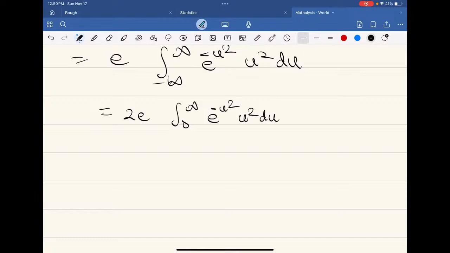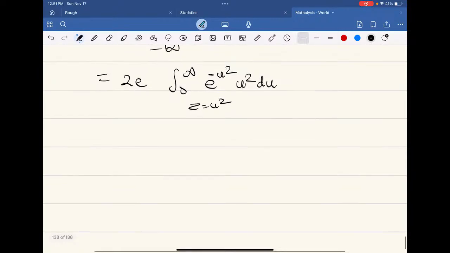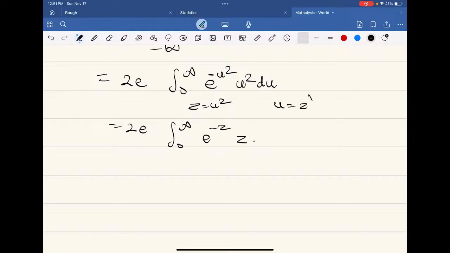So there's a minus. If I make substitution that z is equal to u square, right? Now this will just be 2e times integral from 0 to infinity e to the power minus z, and the u square is just z, and since u is equal to z to the power half, du will just be half z to the power minus half dz, right?